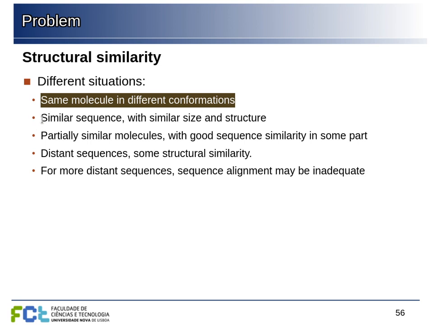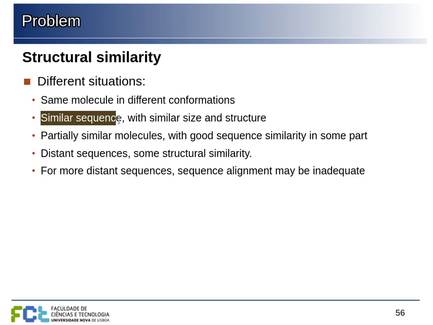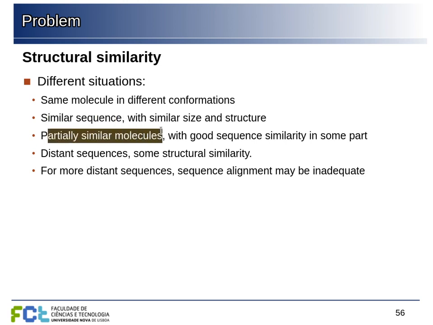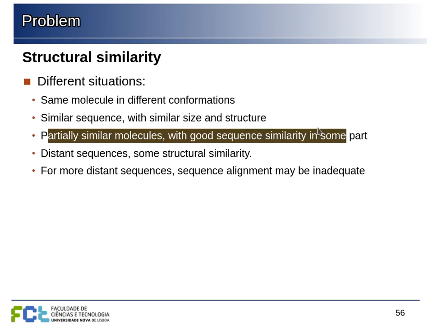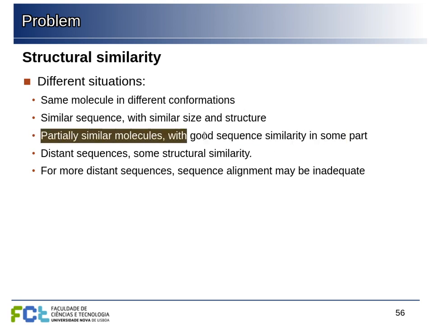If we have proteins with similar sequence, we can do like in this example, we do a sequence alignment first, and we use those matches to compute the root mean square deviation. If we have molecules that are partially similar in the sequence, with a good similarity in some part, we can do the overlap there and ignore the rest, because at some point, if the sequences are very different, we cannot find the correct matches and measure these structural distances.